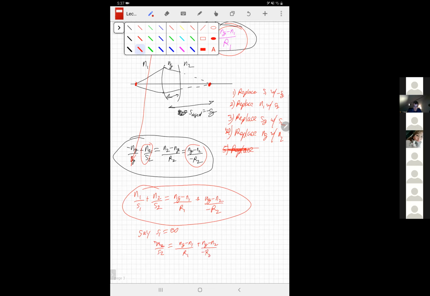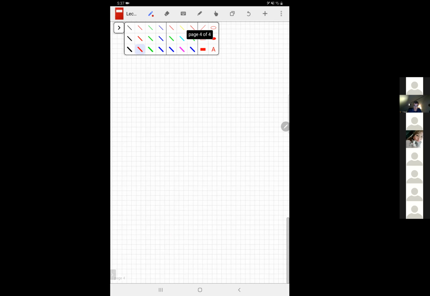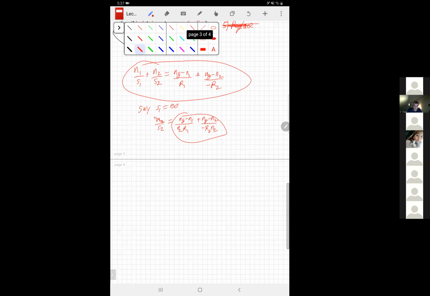And so I could divide both sides by N2, and I would get that 1 over S2 is all of this. So far, so good. You think, okay, so S2 equals 1 over all that.